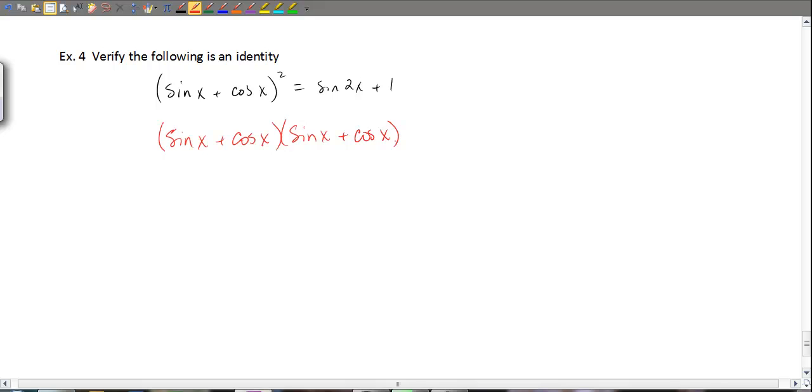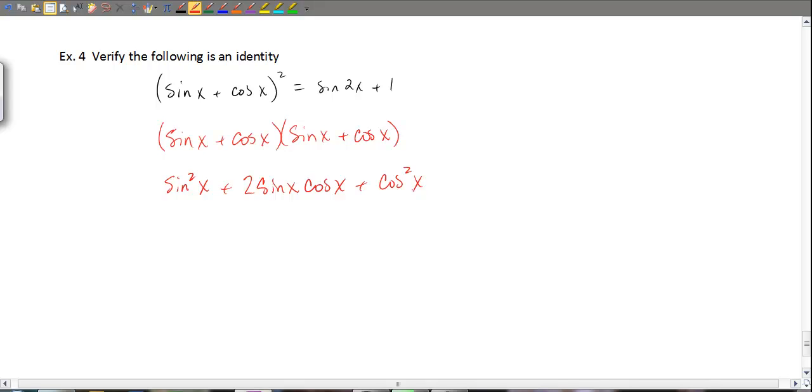So if I do FOIL, first would be sine squared x, times the outer, which is a positive sine x cosine x, plus the inner, which is a positive sine x cosine x, giving me 2 sine x cosine x, and then the last, which is cosine squared x. So all we did was use FOIL to expand that.